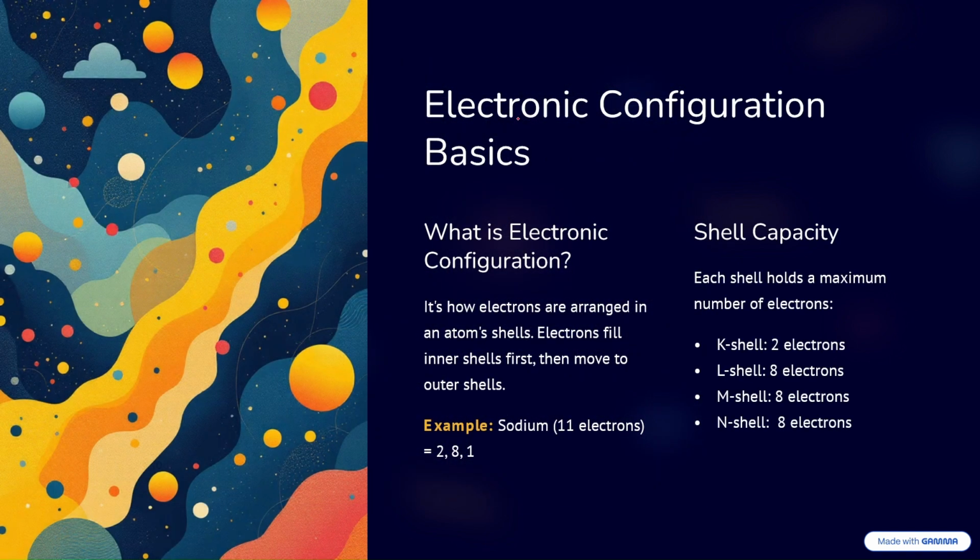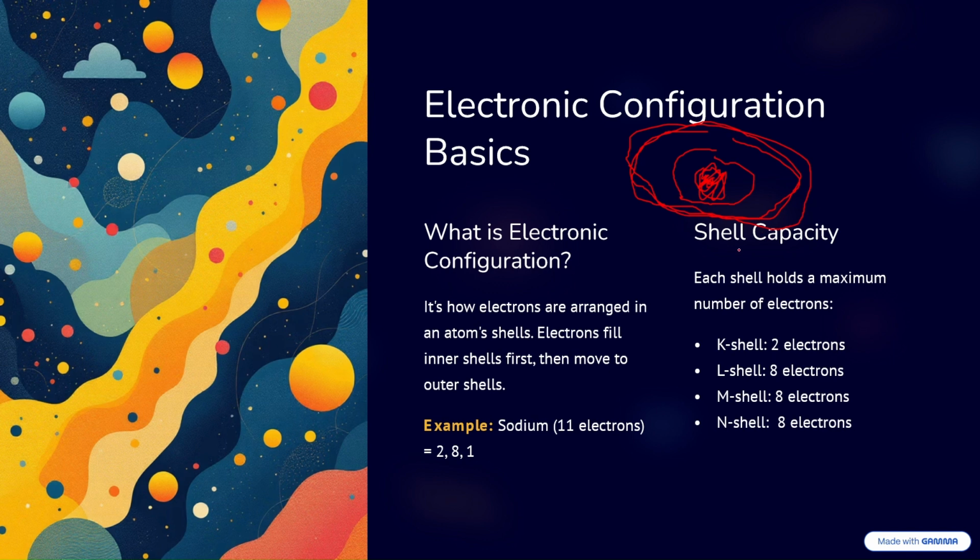Next, electronic configuration basics. I will draw a diagram for you which will make your understanding easier. See, this is the first shell. Electrons revolve around the nucleus in these orbits like this.